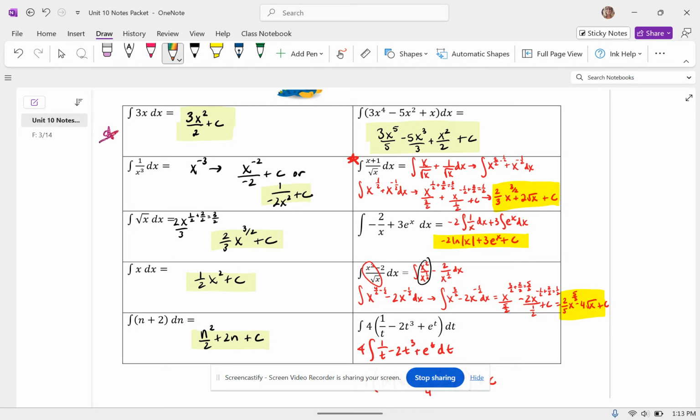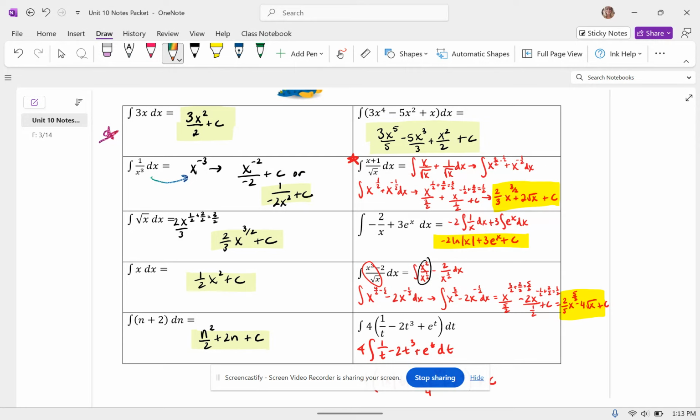This one, pretty straightforward. This one, what did you do when you had 1 over something in the denominator? What did you rewrite it as? Right, because it helps you use the reverse power rule. Think about the ways that you rewrote things so you could use the power rule. You use the same types of rewrites and thinking to rewrite things in a way that you could integrate with the reverse power rule. Does that make sense?